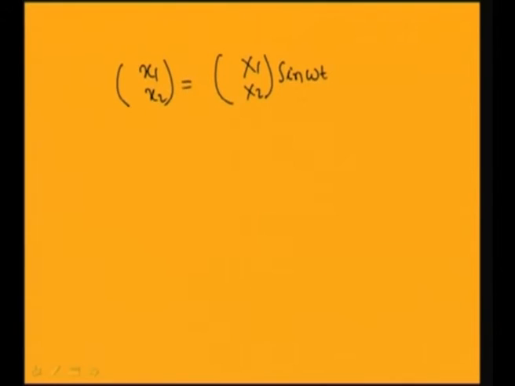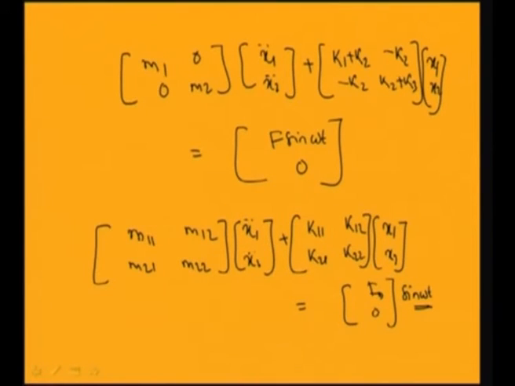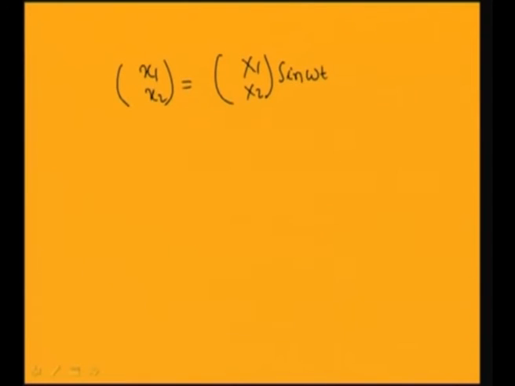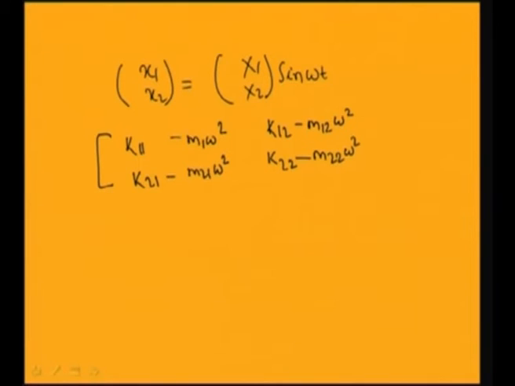So if I substitute this into this equation of motion, then it will reduce to this form. It will become k11 minus m11 omega square, k21 minus m21 omega square, k12 minus m12 omega square, and k22 minus m22 omega square, times capital X1, X2 sin omega t, equal to F0 0 sin omega t.